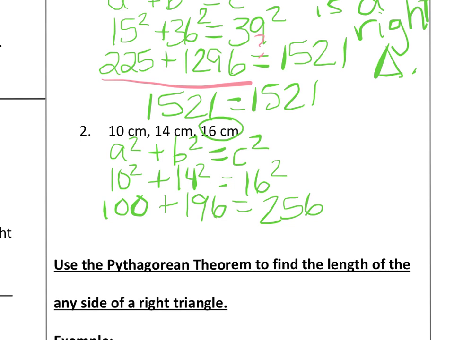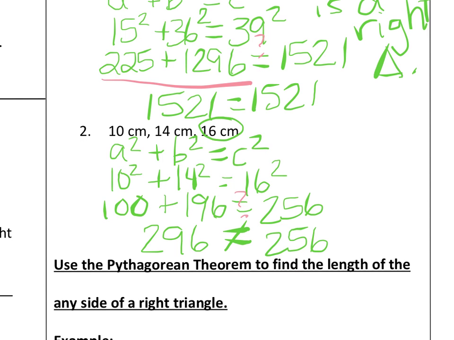So we're going to find out, is 100 plus 196 equal to 256? And you guys can tell for sure that that is not. 100 plus 196 is 296, and that definitely does not equal 256.